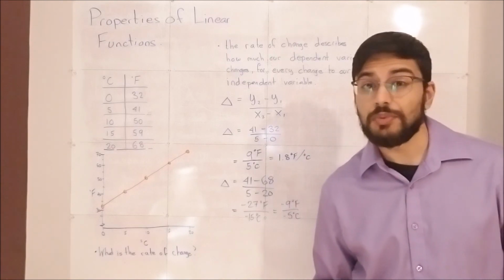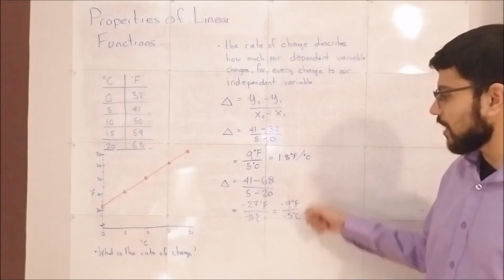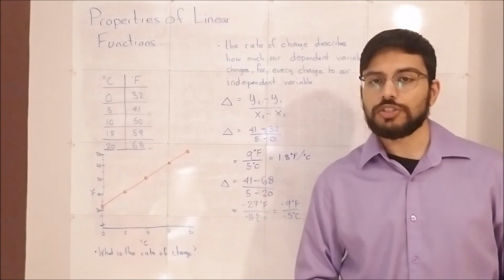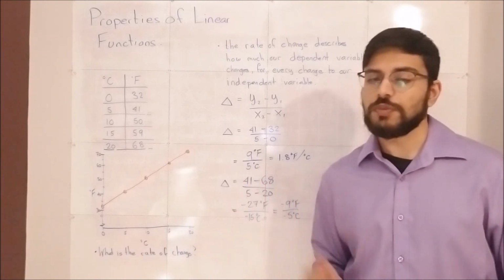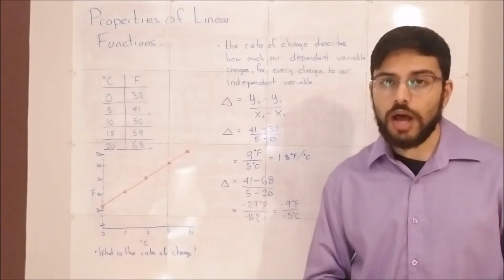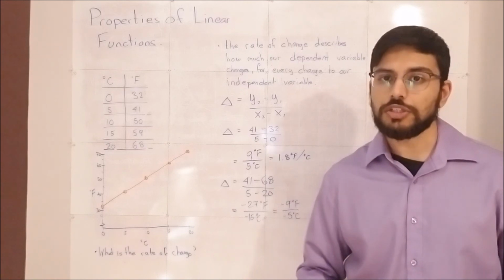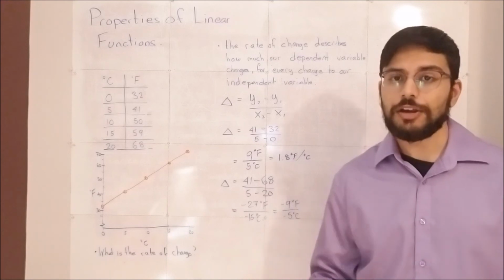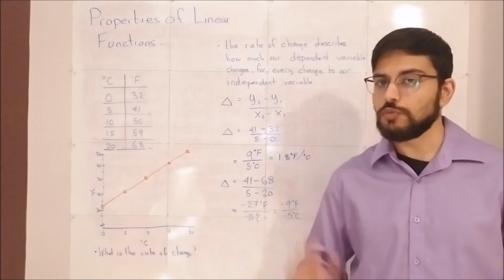You can actually divide them both by negative 3. You end up getting the exact same relationship. And this is only true because we have a linear relationship. In fact, we have a linear function, which makes this true. If you did not have a linear function or a linear relationship, you could not calculate the rate of change for the entire picture. You could only calculate it between 2 points.